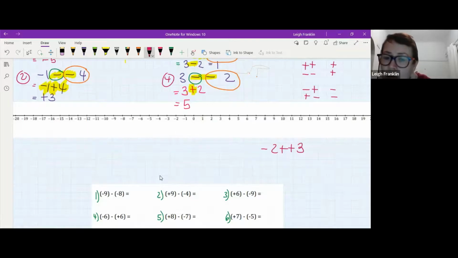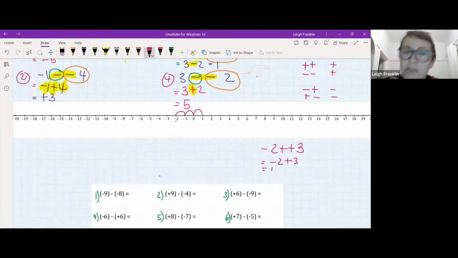So if you've got -2 plus +3, that's the same as -2 plus 3. That means we're starting at -2, we're plussing, so we're moving to the right 3 places. We start here and go 1, 2, 3 places to the right, and that's why we end up at +1. Does that make sense, Olwa?